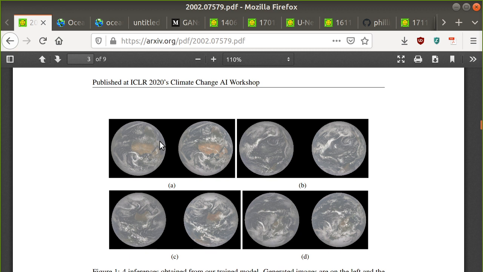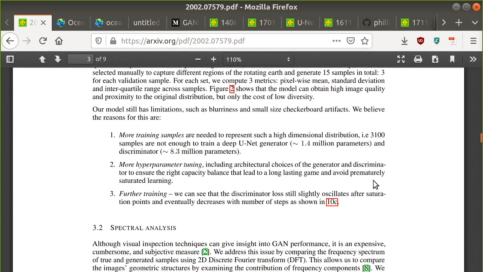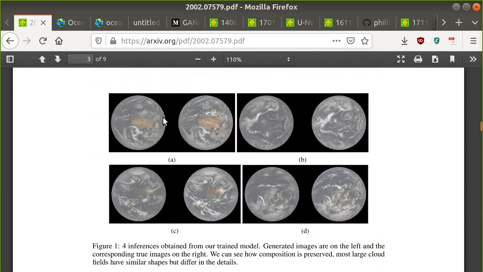To me this is a lot nicer than just getting some kind of blurry, average output that you'd expect from a least squares fitting method.